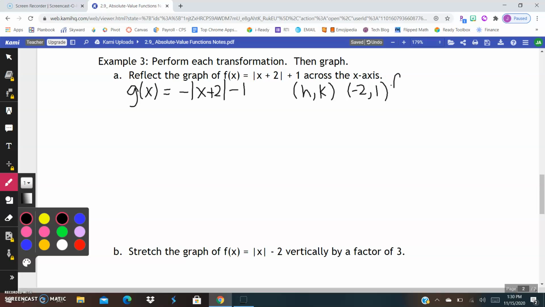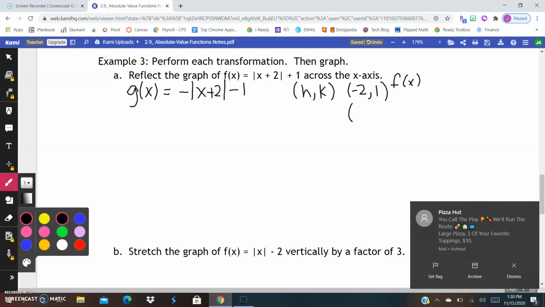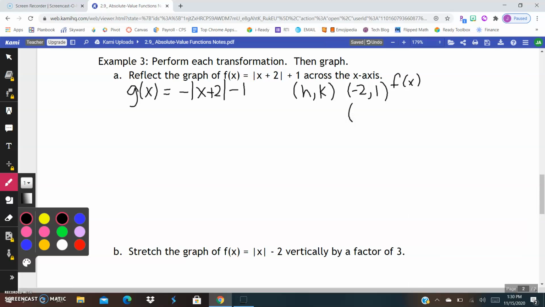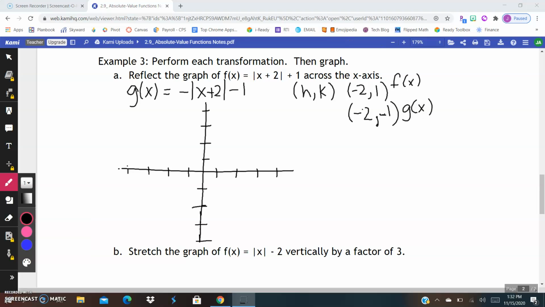So that's our f of x. And then our g of x, we are going to have still that -2 but we have -1 on the outside. And that's for g of x. Right, so starting off with the vertex of f of x, we're going to have -2, +1 is the vertex.